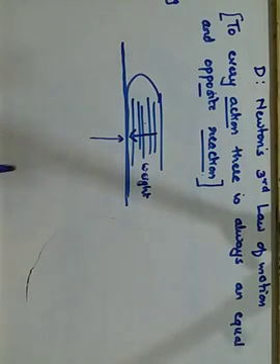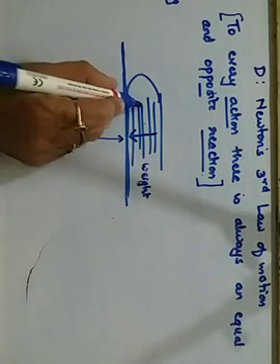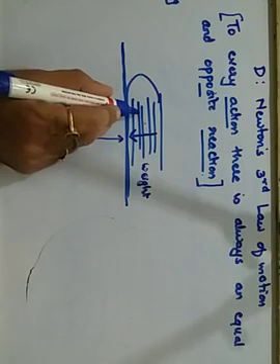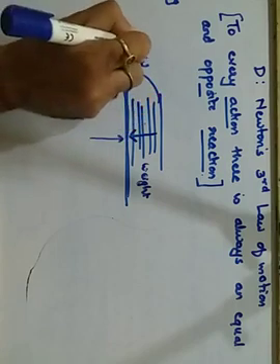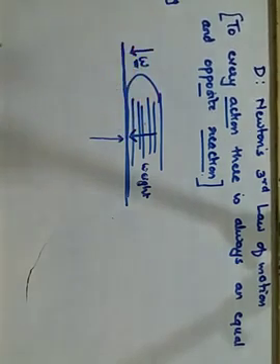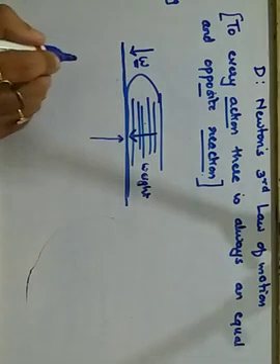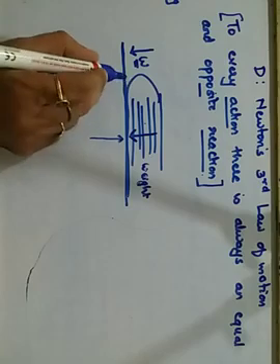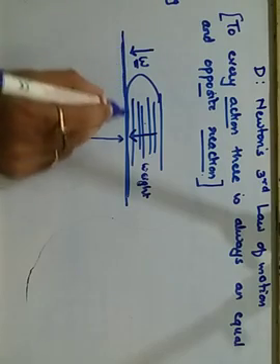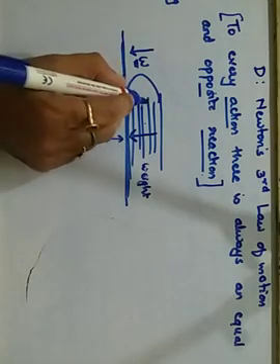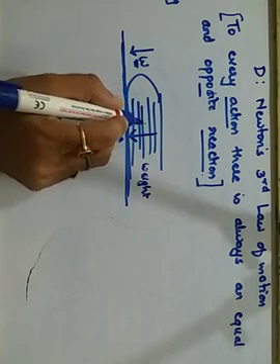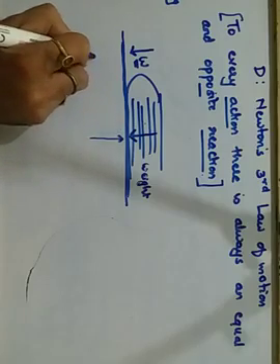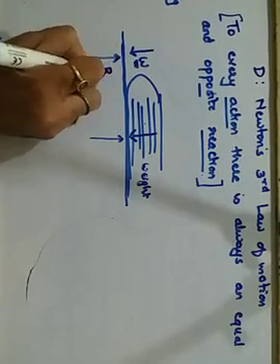So when a book is placed on a tabletop, the book exerts a force, suppose W, its weight, acting downwards on the table. And the table balances the weight of the book by an equal force called the reaction force, which acts upwards.